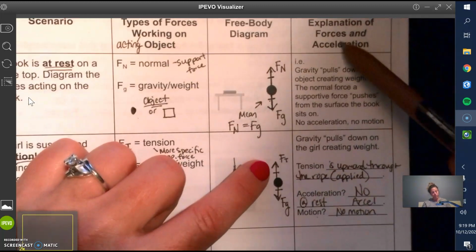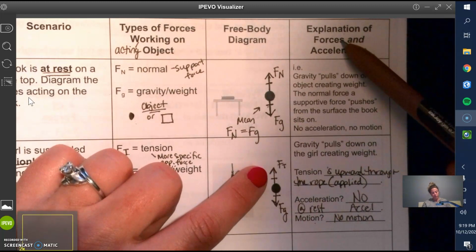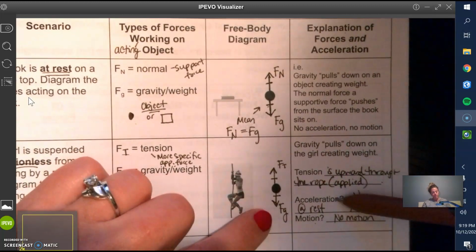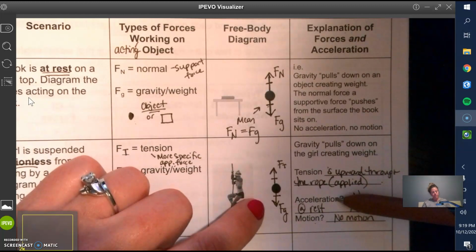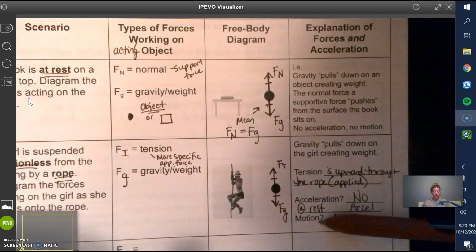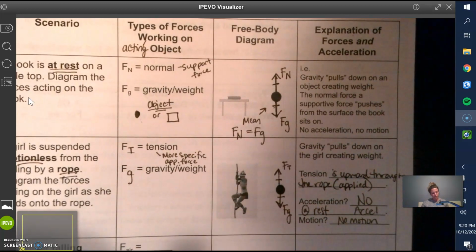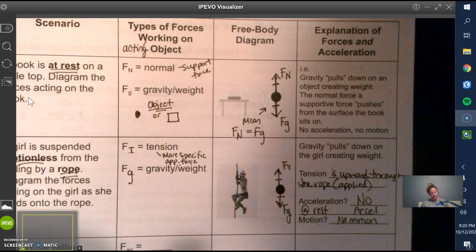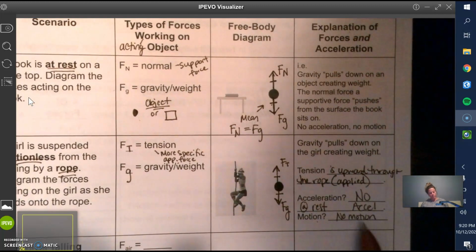If we're asked to explain the forces, we want to talk about each force and what it's doing. We want to talk about if the object is accelerating, and if there is motion, what type of motion? Where are they moving? What direction are they moving? And is it positive or negative as far as acceleration or deceleration? And then, once again, the direction for motion.